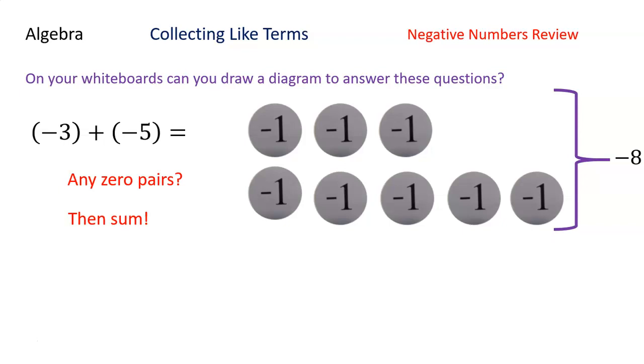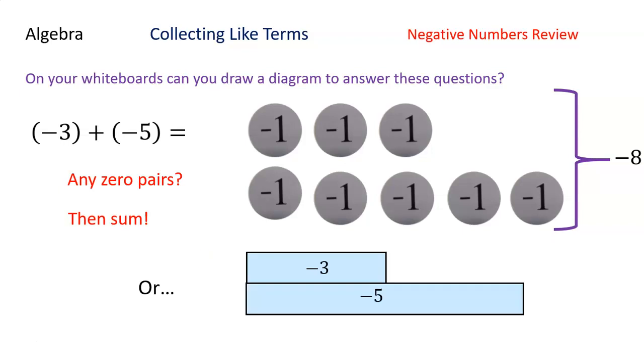If you prefer to draw a bar model, then you could have drawn a bar to represent -3 and a bar to represent -5. The bar for -5 is longer than the bar for -3 because its magnitude is greater. Then you look for any zero pairs, which there aren't, and sum to find -8.